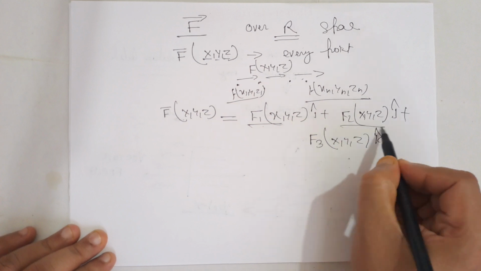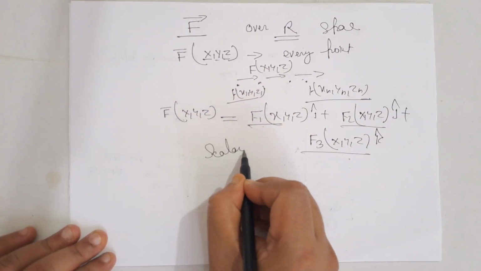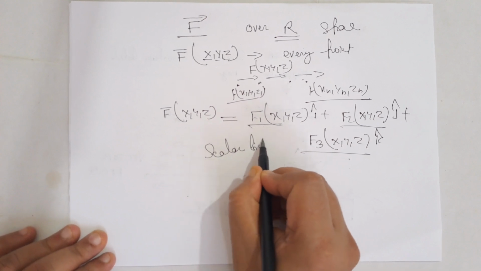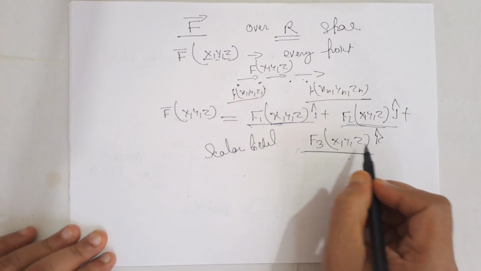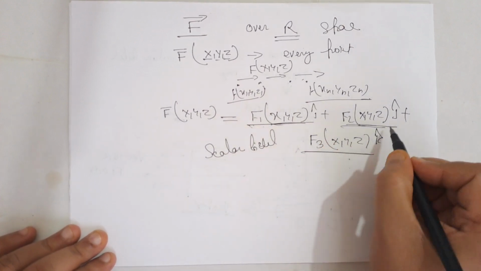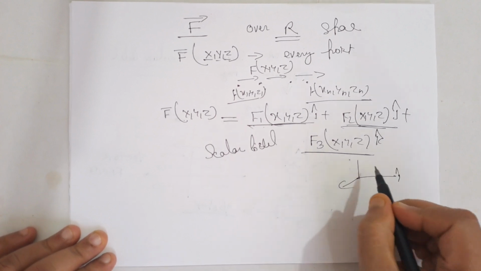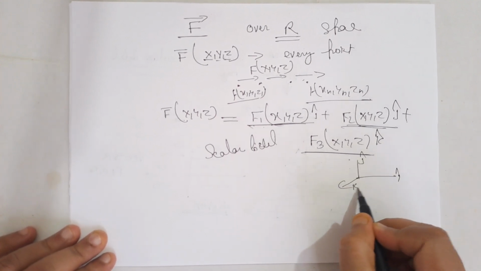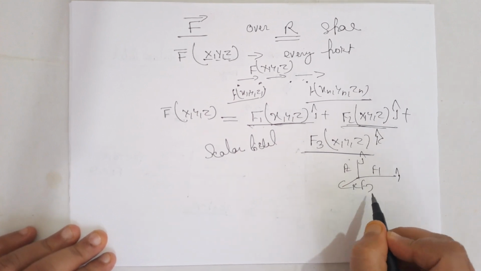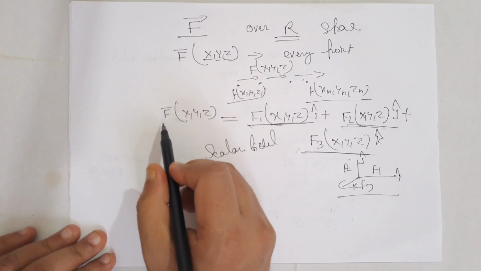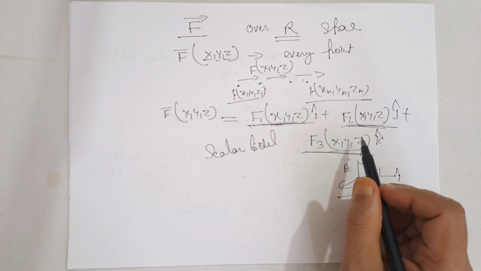And these three components are actually scalar fields, because these three components only have magnitude and each component has a certain direction. This is i, j and k. This is f1, f2 and f3. So this vector field has three components, f1, f2 and f3.